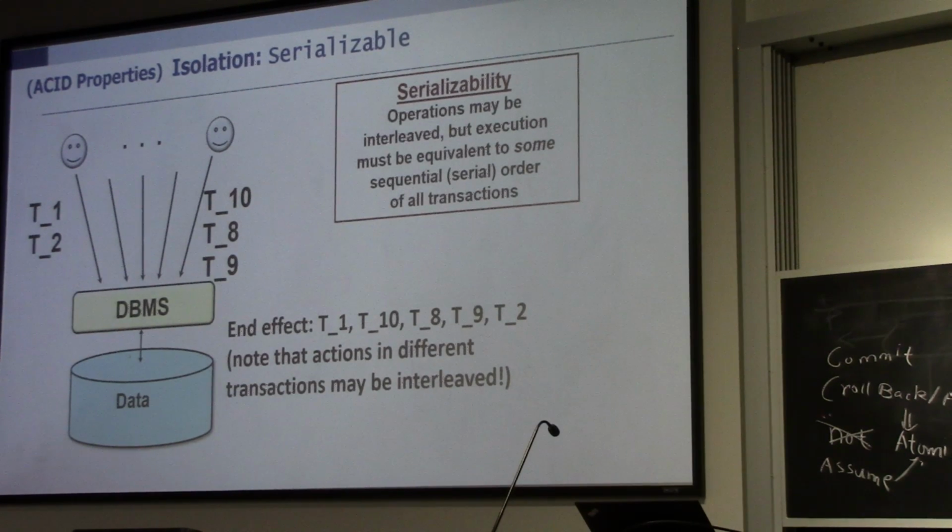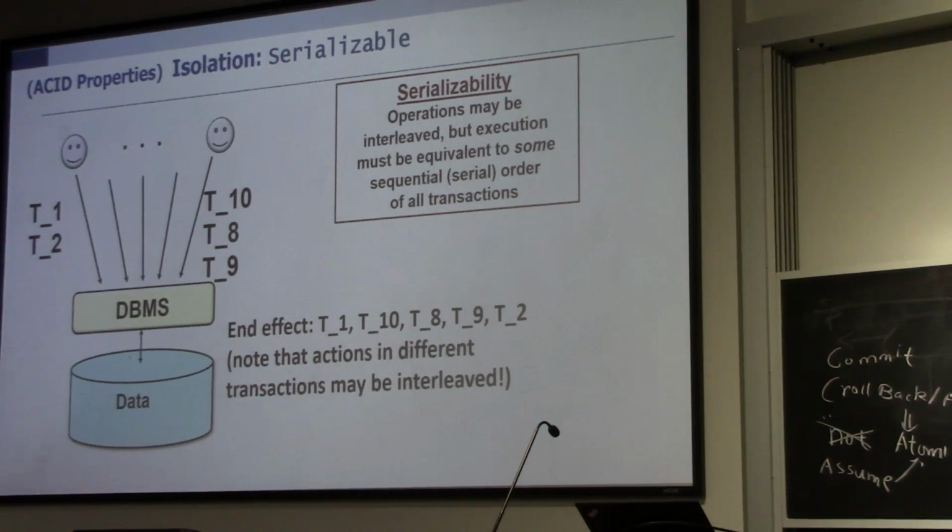But at the end of the day, when you finish executing these transactions, the end effect on your database must be equivalent to one of the serial executions of those transactions.